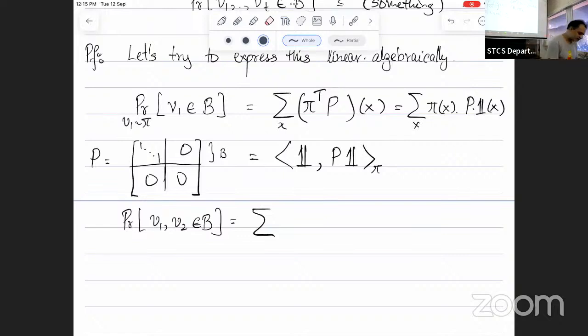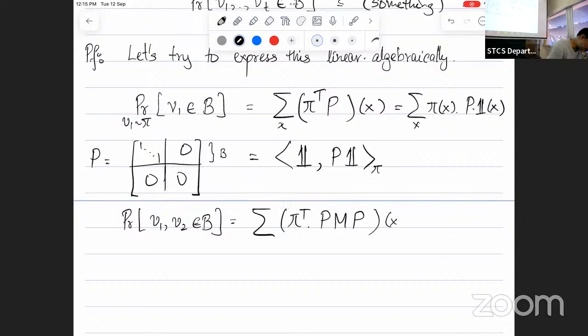So this will be pi transpose, and it will turn out to be P M P, evaluated at x, and then you run over all possible x.